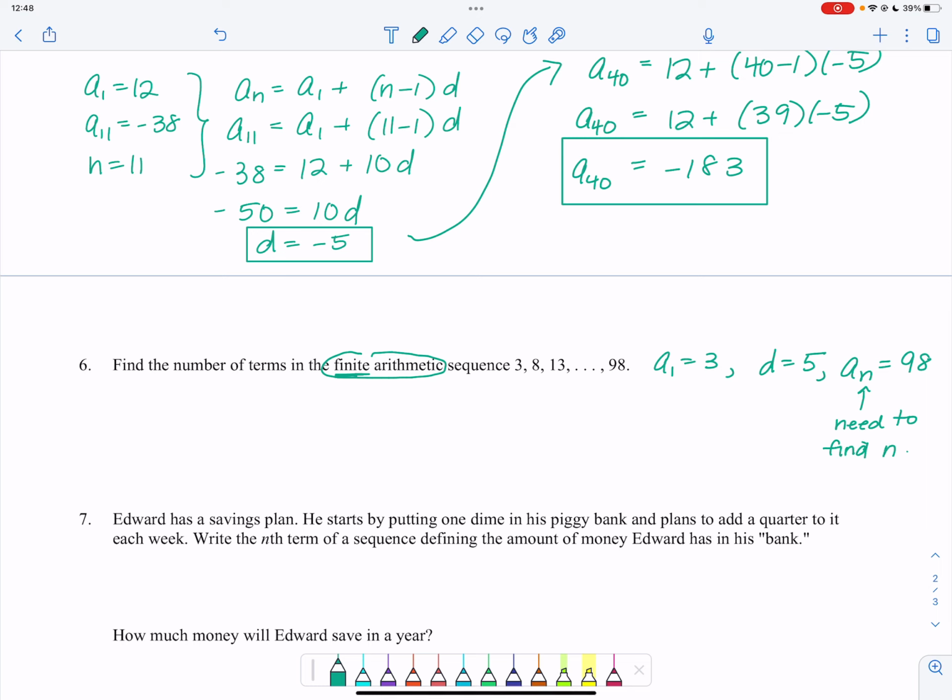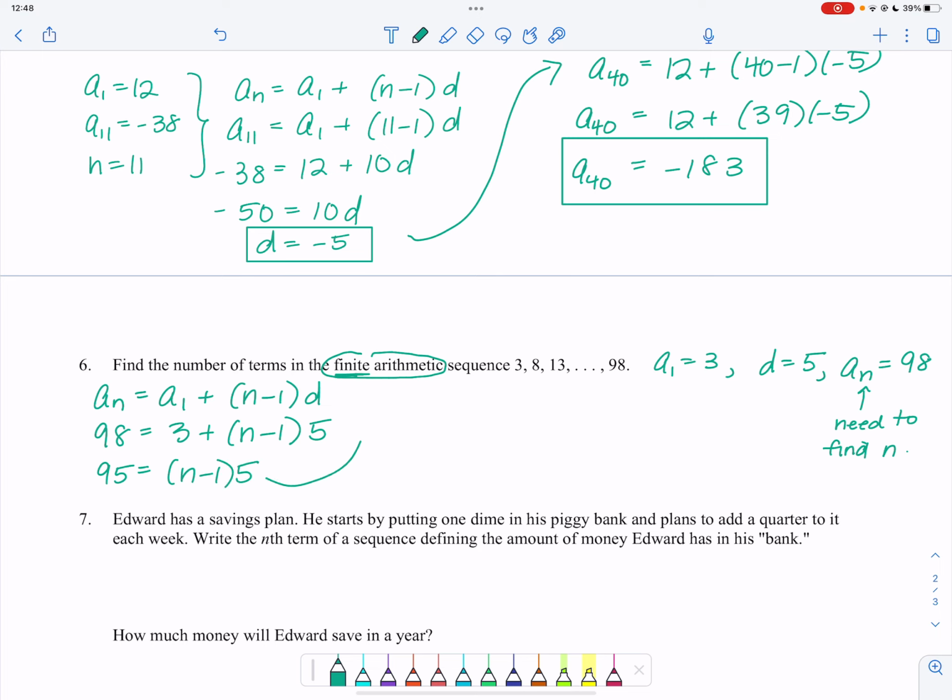So let's write our equation down: a sub n is a sub 1 plus n minus 1 times d, and we'll have 98 is equal to 3 plus n minus 1 times 5. We'll subtract 3 from both sides, and then divide both sides by 5.